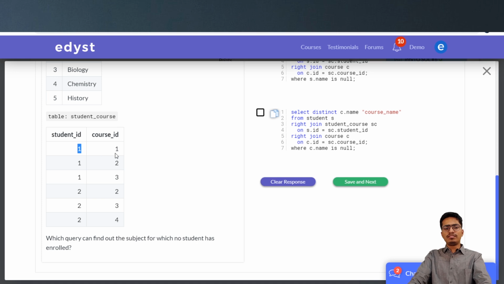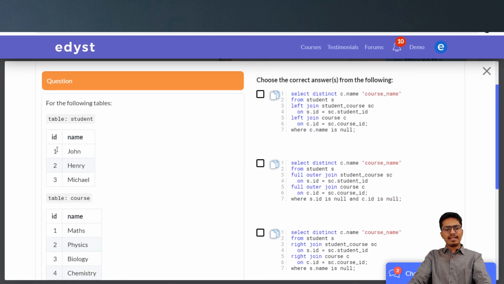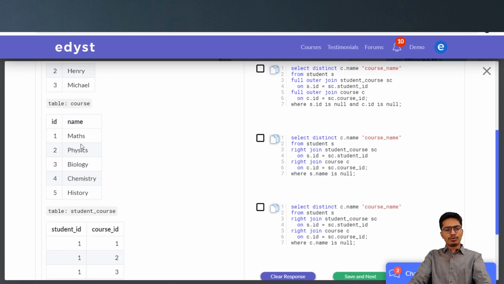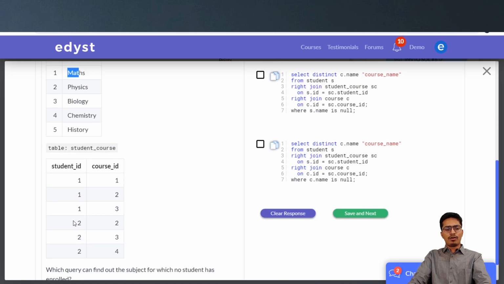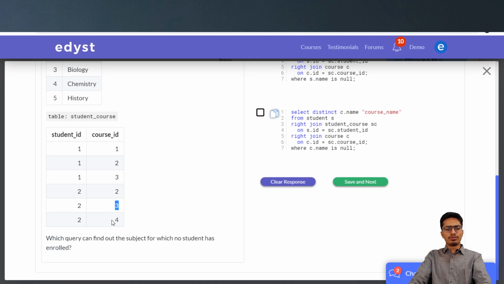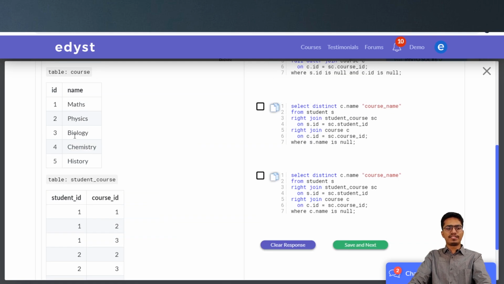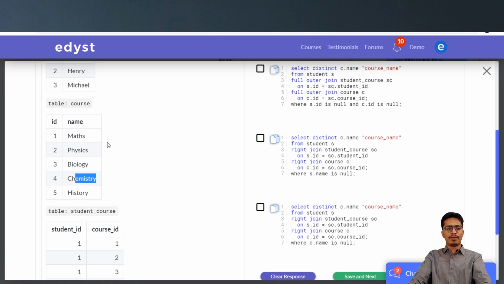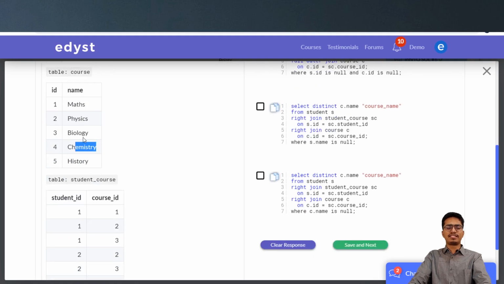So this row effectively means that John took the course maths, or number 2 would be Henry took courses 2, 3 and 4, right? So Henry took physics, biology and chemistry, while John ended up taking math, physics and biology.